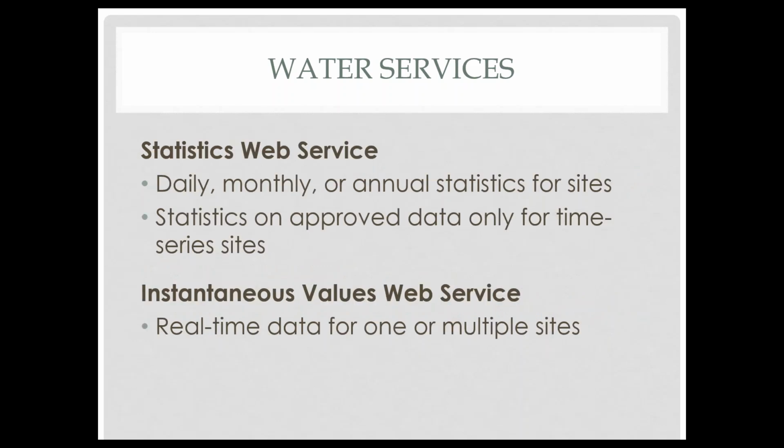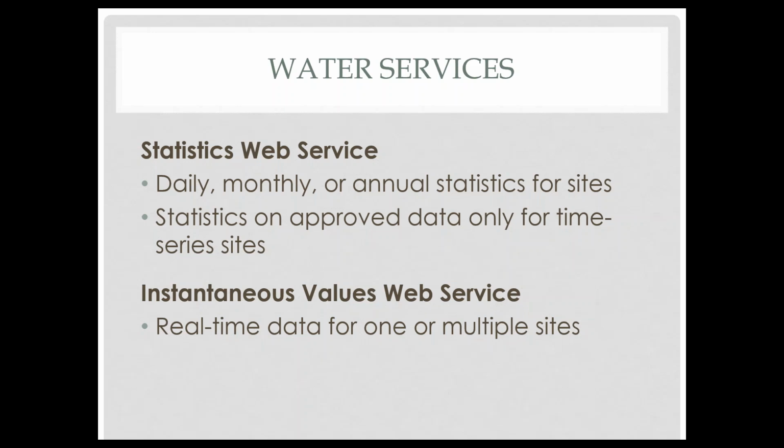We also have a statistics web service that will give you statistics on time series sites. We don't actually run the statistics on discrete sites. It is kind of unfortunate because our discrete sites have data that go back 100 years, and it would often be nice to see these statistics for these long-term sites, but that's why we have something like Groundwater Watch that provides that for you.